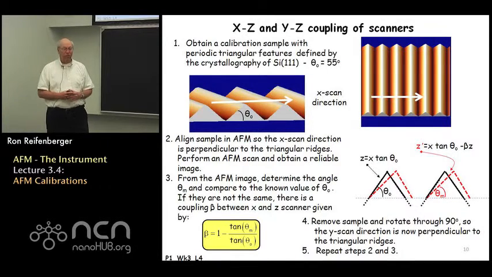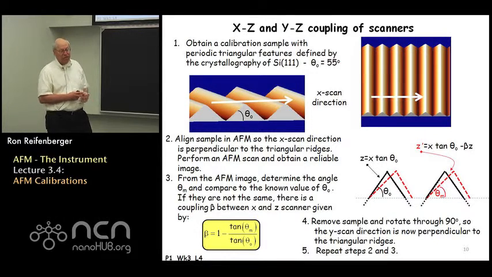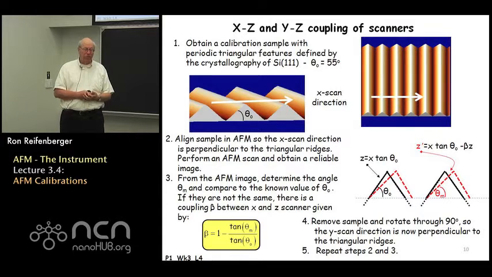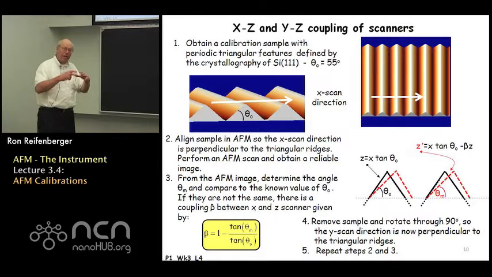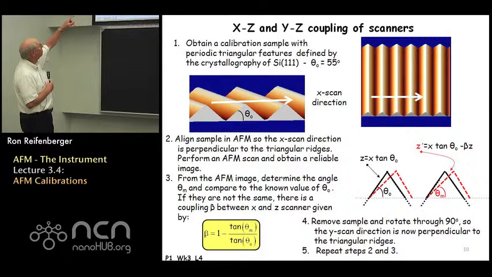These triangular features have to have a known angle, which I indicate by theta naught in the upper left diagram here. Typically, these triangular-like features are produced in a silicon 111 substrate just by the natural anisotropy and the etching procedures for these silicon substrates.